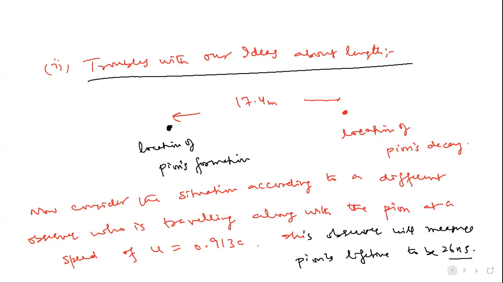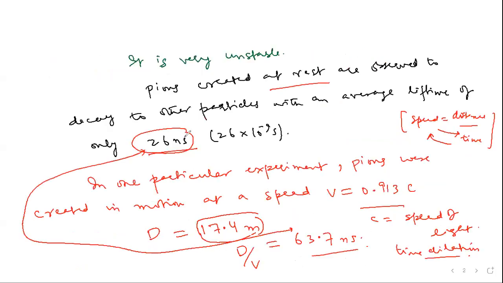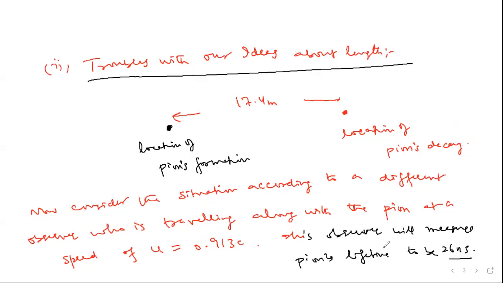Remember, we already said that pions created at rest live only for 26 nanoseconds. Now, since for this observer this pion is at rest, the observer will measure the lifetime of the pion to be 26 nanoseconds, which is characteristic of pions at rest.